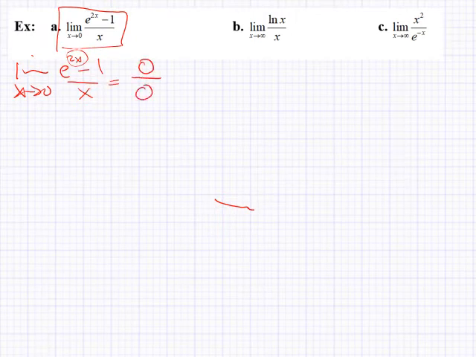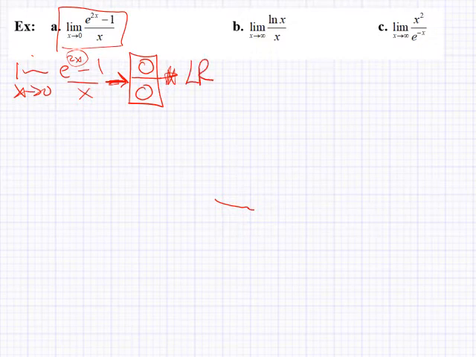In the denominator, same thing. So if this is getting closer and closer to 0 over 0, that's an indeterminate form. Right there, that's an indication of L'Hopital's rule. So if we're going to apply L'Hopital's rule to this thing, we're going to instead do the limit as x approaches 0 of the derivative of the numerator.